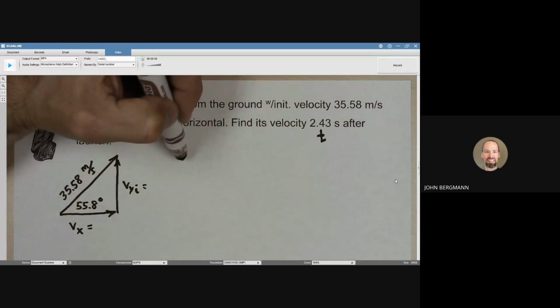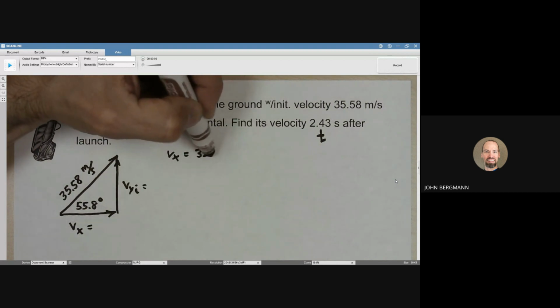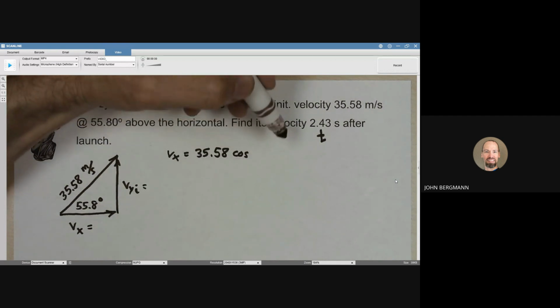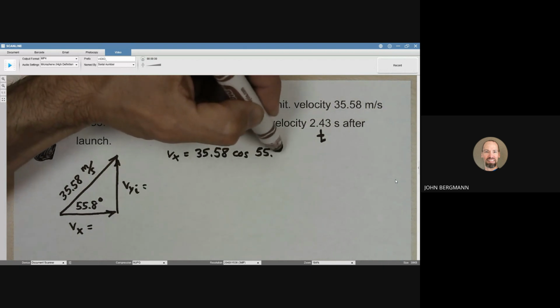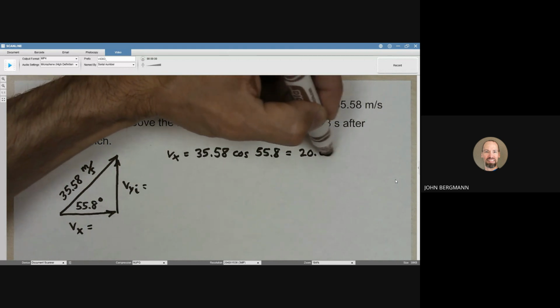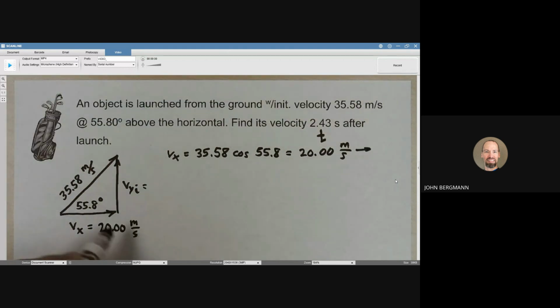We did this in the previous video, but let's go ahead and do it again real quickly here. Vx is going to be 35.58 times the cosine of 55.8, and that came out to be 20 meters per second to the right.